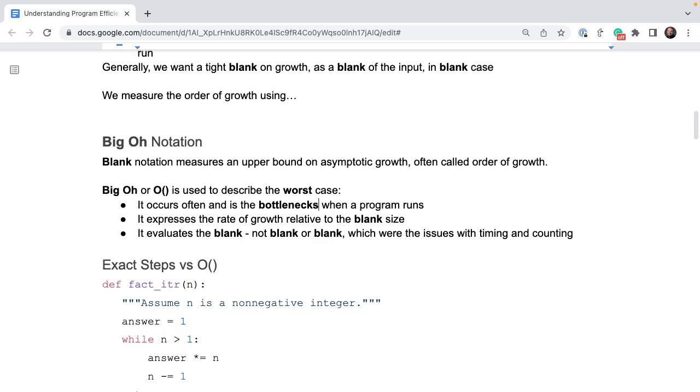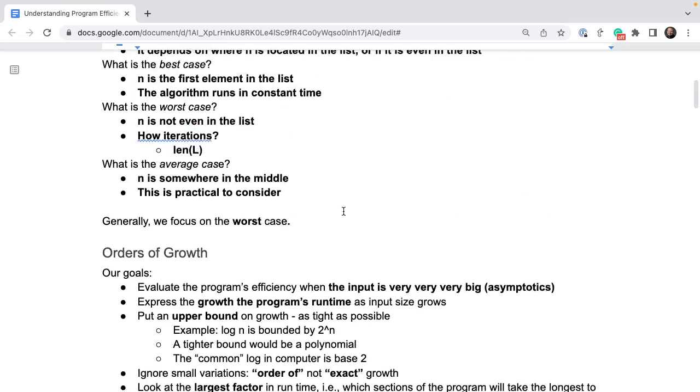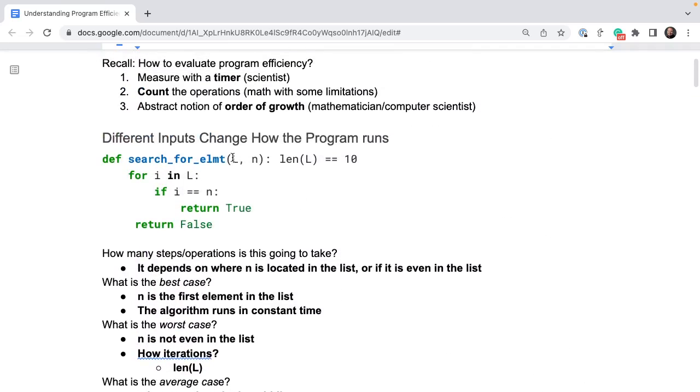If something is not going fast, you've got to find the piece of the code that is essentially the bottleneck of the program. It expresses the rate of growth relative to the input size. So when you're looking at a function that has more than one input, you're going to want to think about which of those inputs is causing it to grow or take longer. If you can see up above, we had two inputs, but which was the one causing it to take a longer time? Was it L or N?